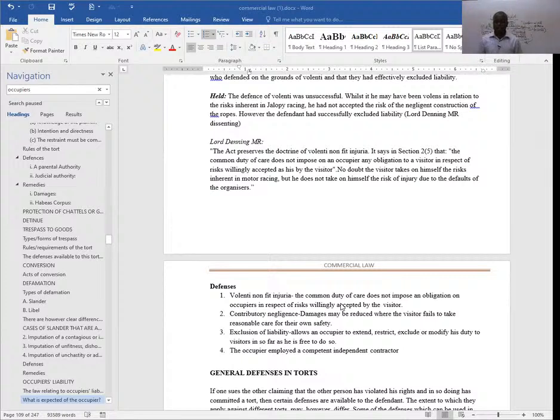So in case one of them falls and a customer is injured, then the person to be held responsible is not the occupier of the supermarket, but the qualified independent contractor who built the pillar in the supermarket. So in the case of an injury arising out of the negligence or failure of duty of care by an independent contractor, it is the independent contractor who will be held responsible and not the occupier of the property.